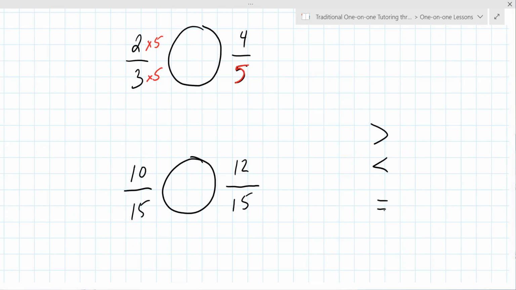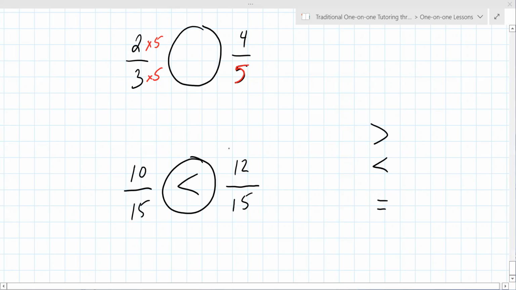Less than. It is less than, yeah. Very good. All right, now let's look at what your problem is actually asking for, because it's actually asking for the same thing, but I want to make sure you know how to answer it. Actually, it's slightly different. I take that back. Okay, so let's look at this problem.